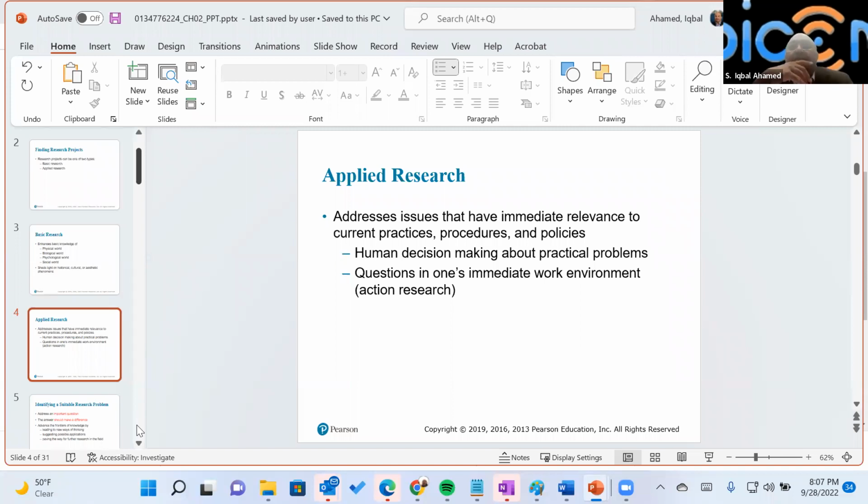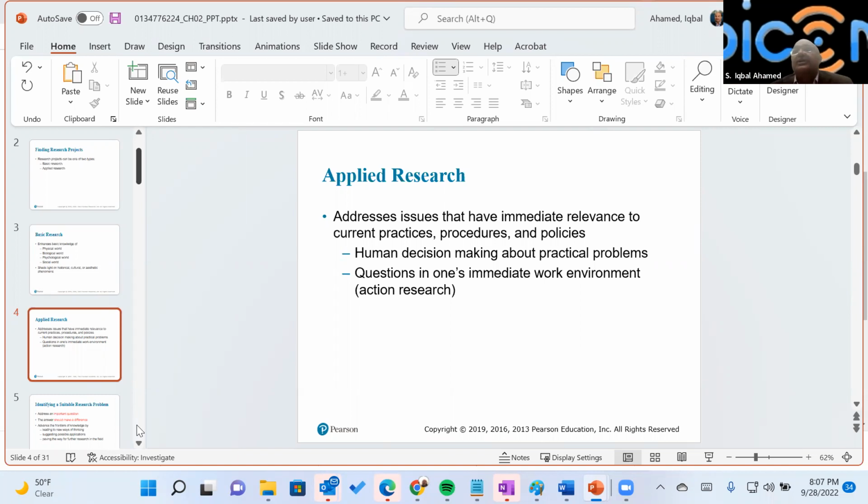And in applied research, if you recall in our last class, when we were talking about different types of research, one was action research, where you are trying to solve some immediate problem in a work environment, where there are some unanswered questions and you are trying to address them. That's action research.